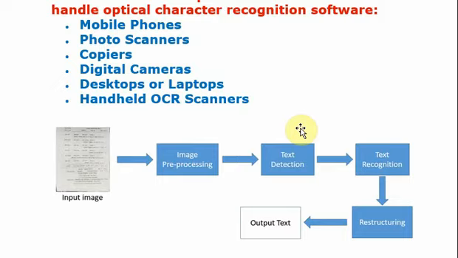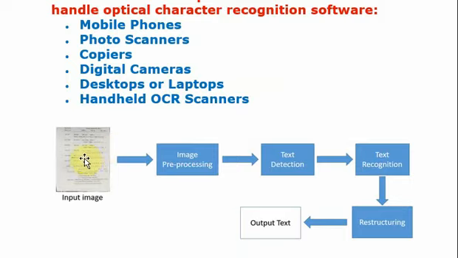Now after pre-processing it will detect the pattern. Here the binary format is created. Then it recognizes using the saved library. Then only the reconstruction is done. Finally it will output a text format similar to this.